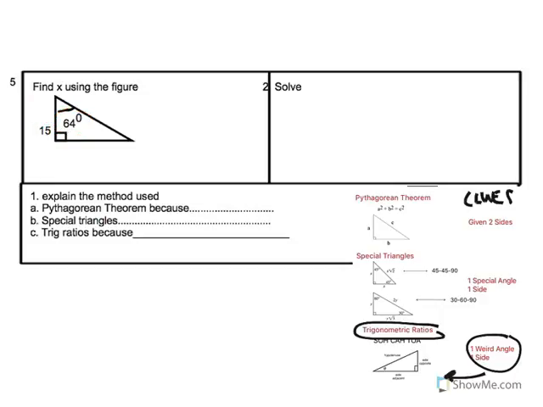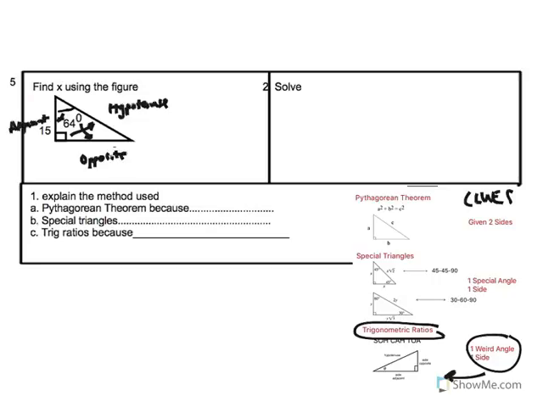Let's try this example now. So in this one here, they give us an angle here, and it's not a special angle, and they give us one side. So if I look at my clues, is there one that gives us a weird angle and one side? Yep, this one here. We're going to use trigonometric ratios to solve this problem. So let's begin. We always label the sides according to the angles.